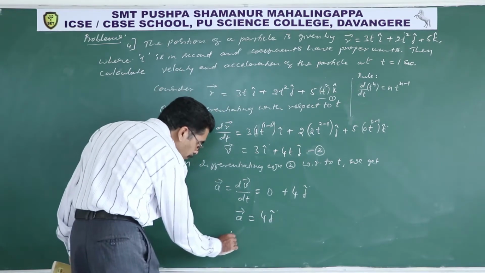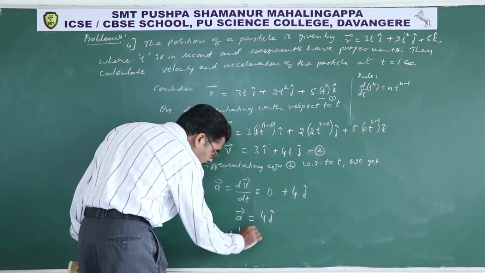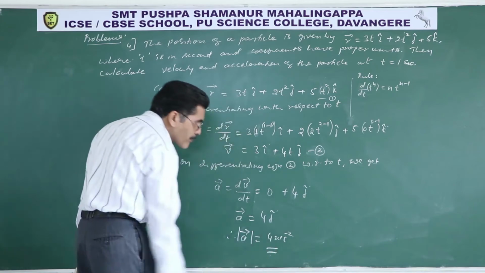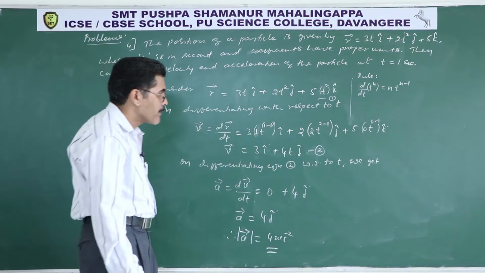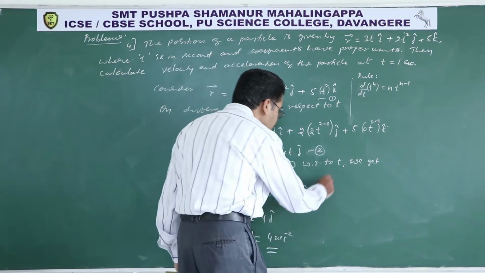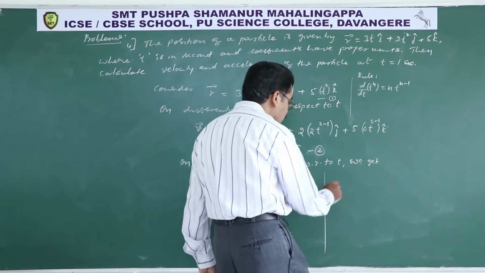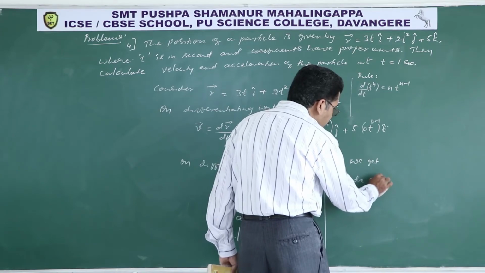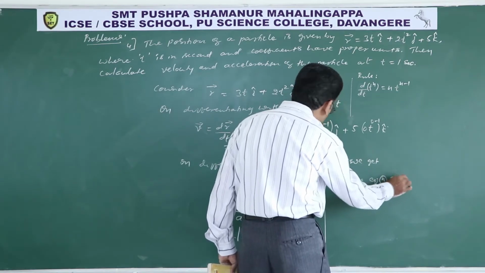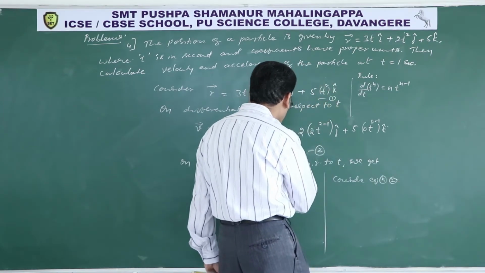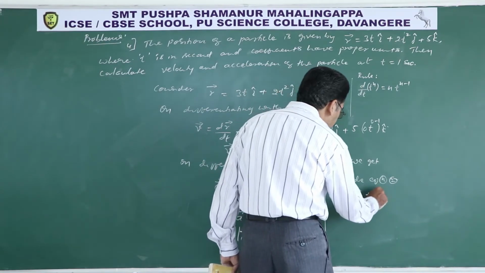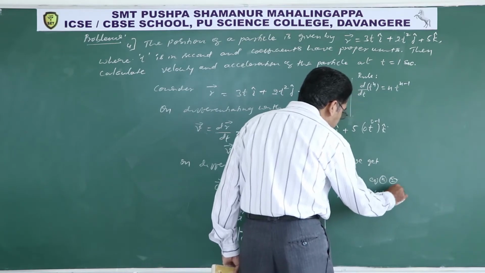Therefore the magnitude of acceleration is 4 meter per second square. If they ask you to find out velocity, consider equation 2: v is equal to 3 into i cap plus 4t into j cap.